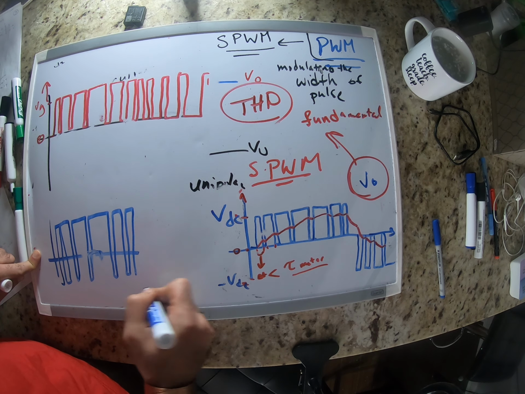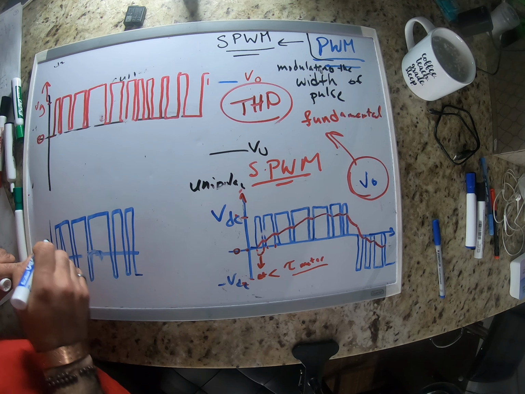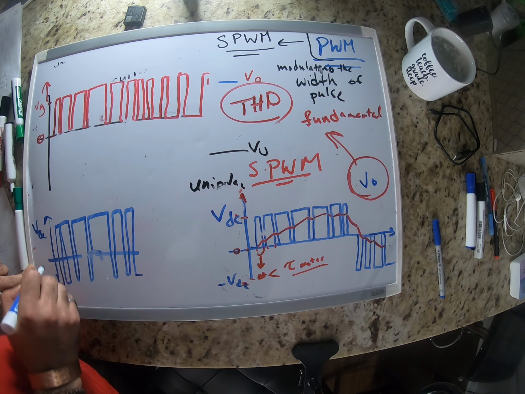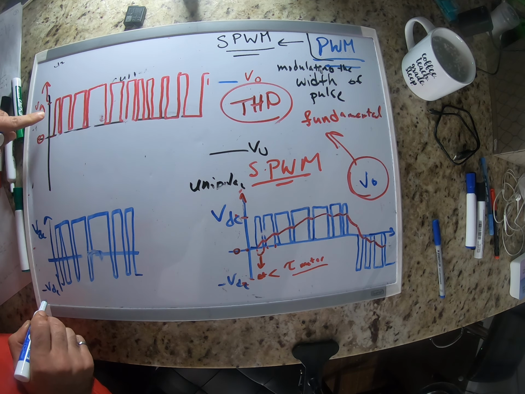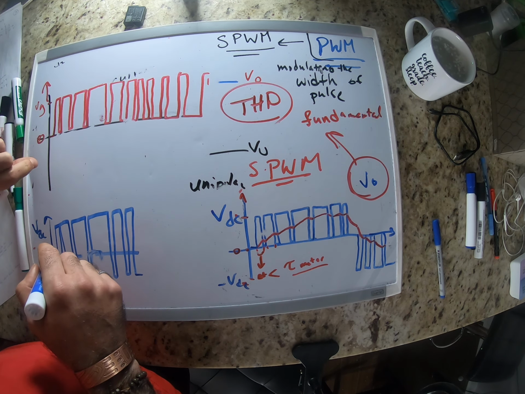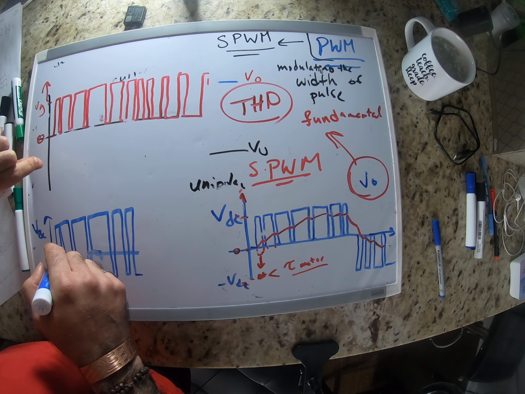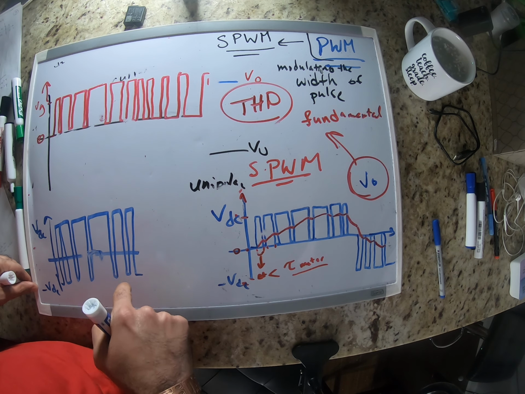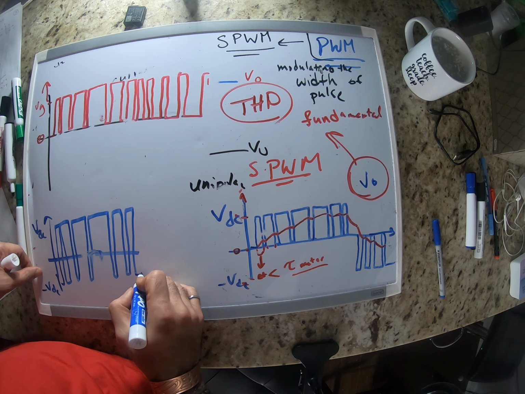And then the negative part gets bigger. If I want to do bipolar, this is VDC, this is negative VDC. This is the gating signal that we apply to S1 and S2, and the complement of that is applied to S3 and S4. And this is what we end up having at the output.